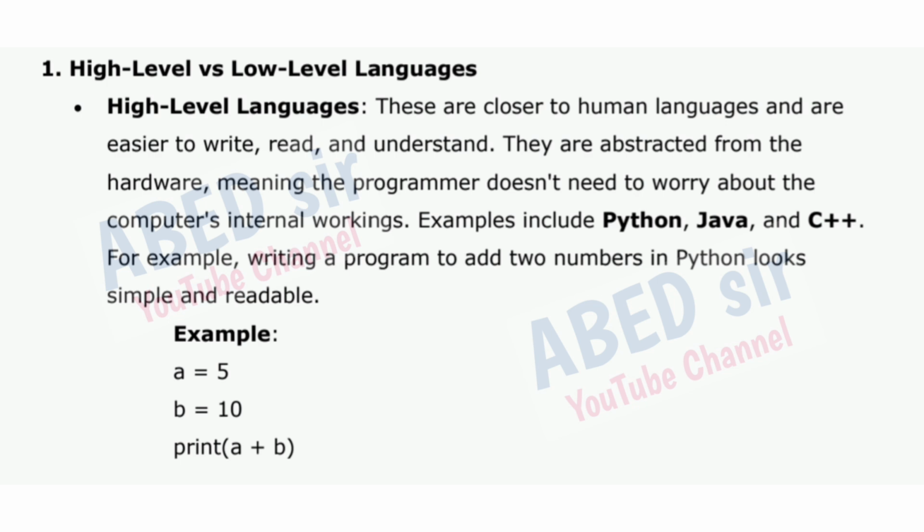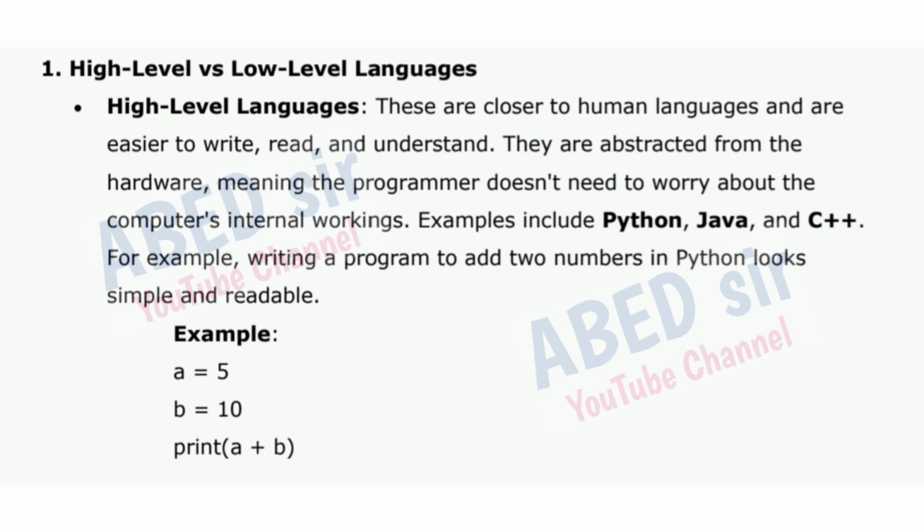1. High-level versus low-level languages. High-level languages are closer to human languages and are easier to write, read, and understand. They are abstracted from the hardware, meaning the programmer doesn't need to worry about the computer's internal workings. Examples include Python, Java, and C++.